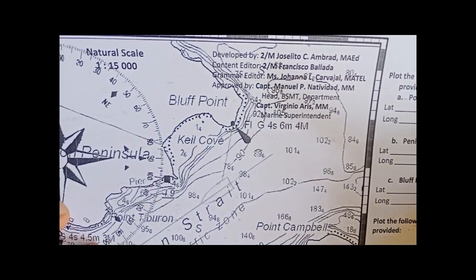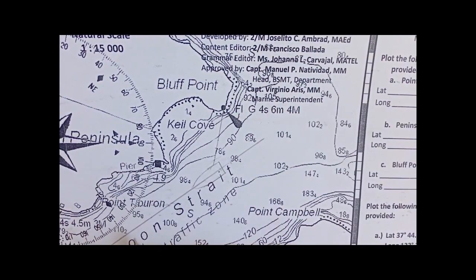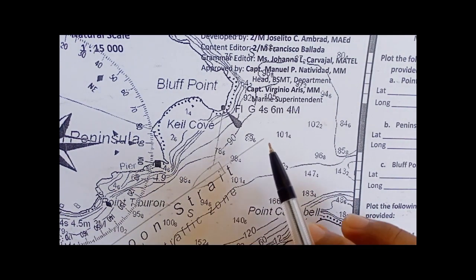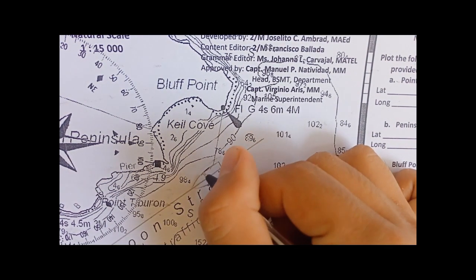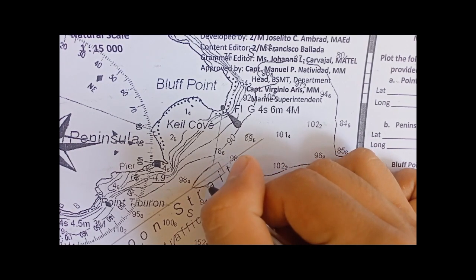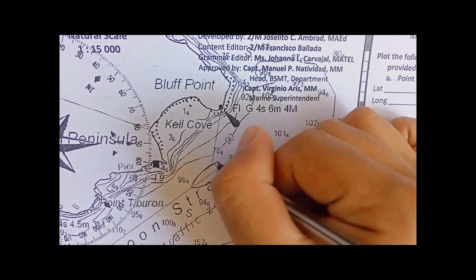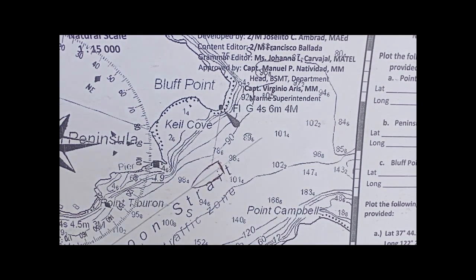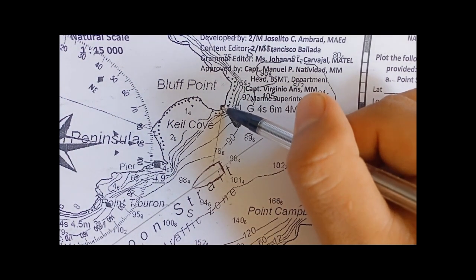As you can see, this is our course line, because 235 degrees in Raccoon Strait, and here is our ship. Then our starboard quarter beam is here, and this is the Black Point light.